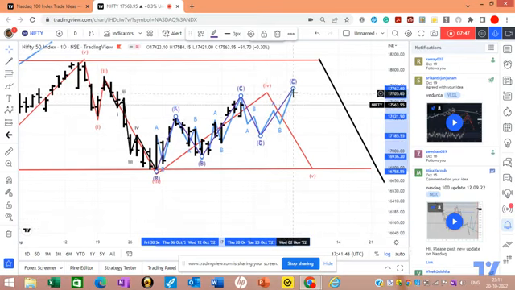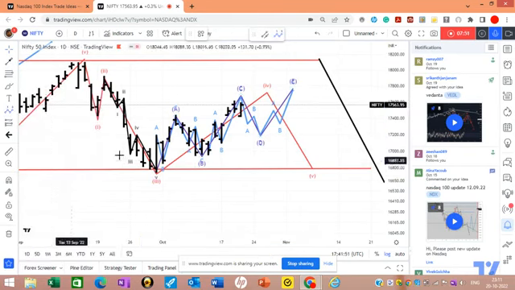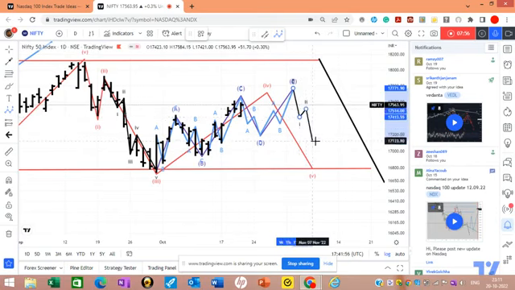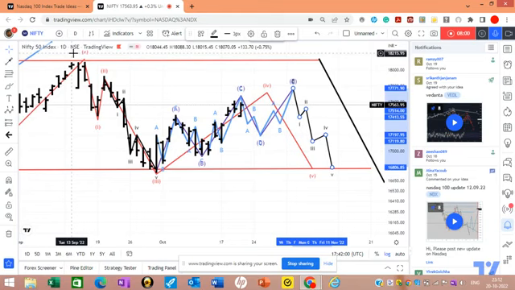It is only once this wave is complete that we will have a five wave decline in a small wave, five wave move in form of 1, 2, 3, 4, 5. So this will complete the five wave decline: 1, 2, 3, 4, and 5.